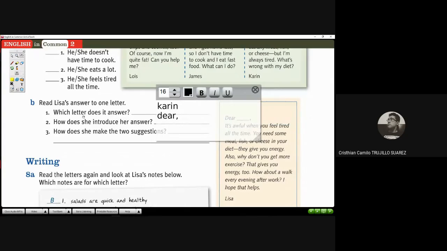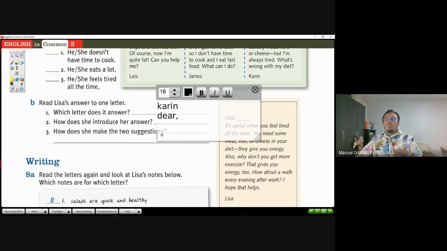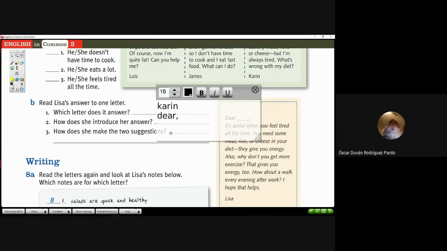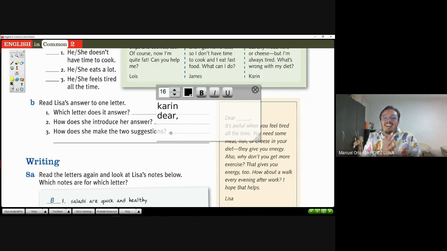Remember that we spoke about suggestions in the last class. When I want to make a suggestion, I use some specific phrases. Why don't and how about? Excellent, very good. Okay, those are the suggestions.